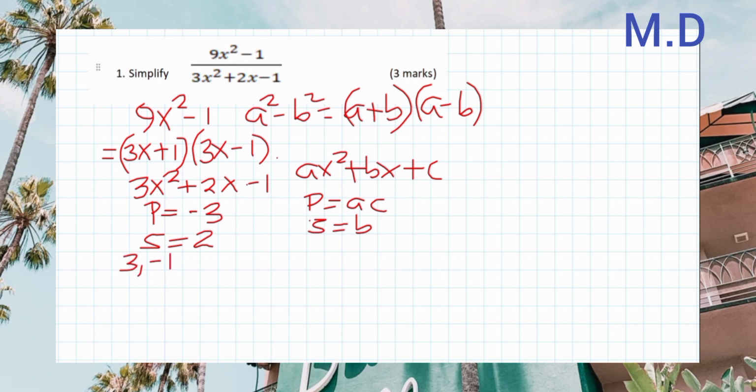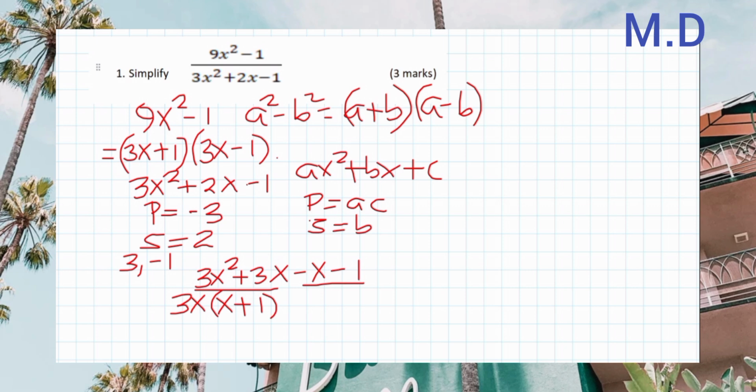We put these two factors in our expression, so we have 3x² + 3x − 1x − 1. We pair them: in the first pair, we factor out 3x, and inside the bracket we are left with x + 1.